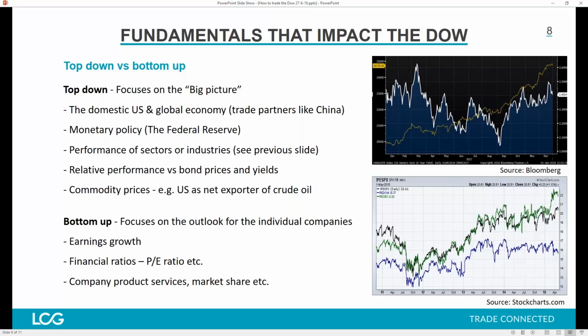Basically, if the Federal Reserve keeps raising interest rates and bond yields keep having to rise to reflect those higher interest rates, then you get to the point where the expected return on the bond market, which is generally considered safer because if you hold it till expiry you should get your full capital back plus that rate of interest, whereas if you hold shares you're not guaranteed to get your capital back because the shares move up and down. So that safer investment gradually gets a higher return, and suddenly investing in a riskier market like stocks gets less attractive.